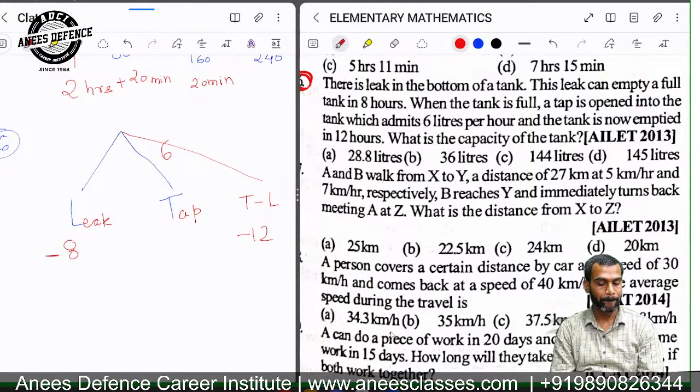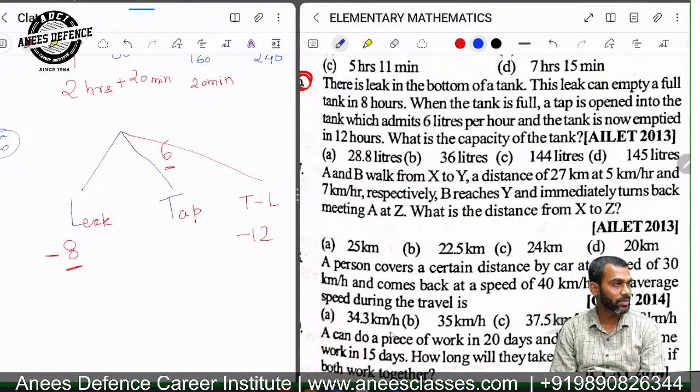Yes. So let us consider 48x. What is the LCM of 6 and 8?